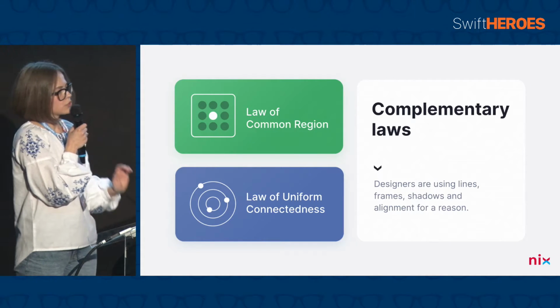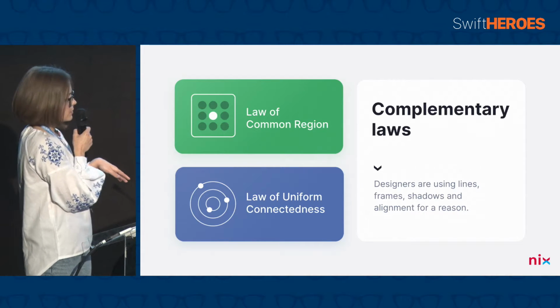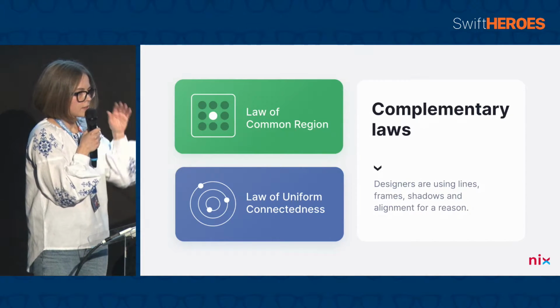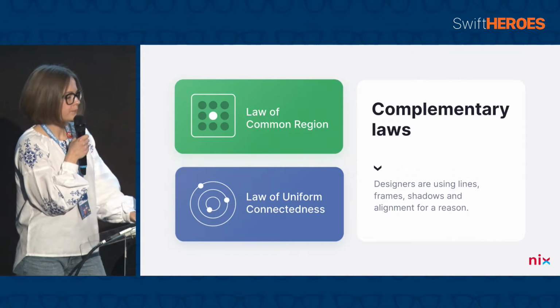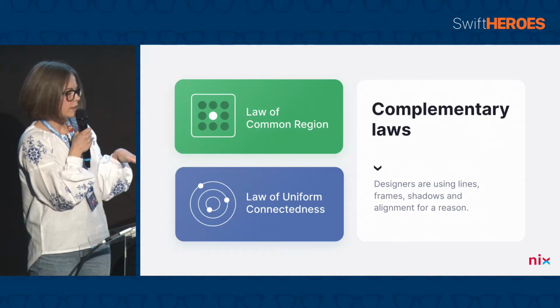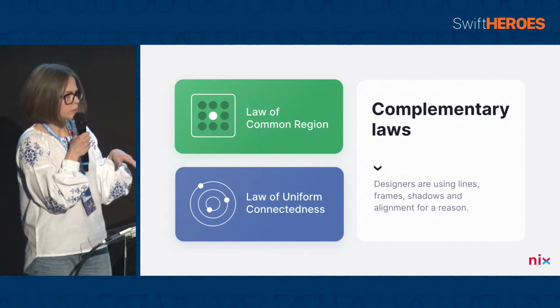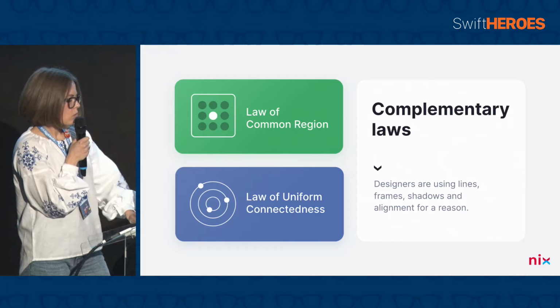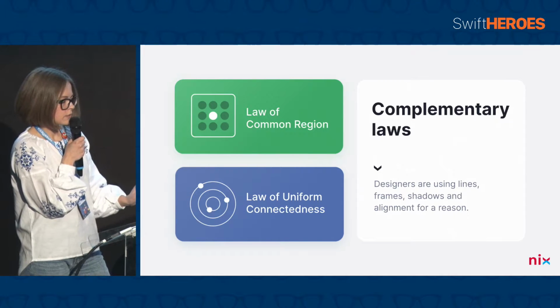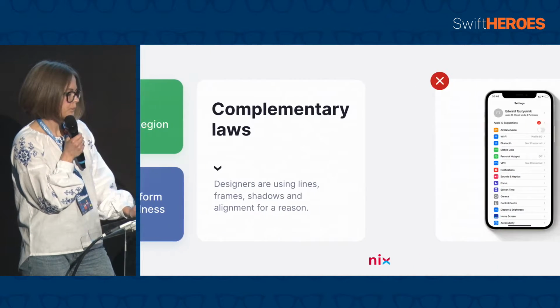I want to mention two more laws, which are complementary to the law of proximity. They say that if elements are organized in such a way that they are in a common region, that is framed, for example, or they have some visual connection, they also tend to be perceived as a group.